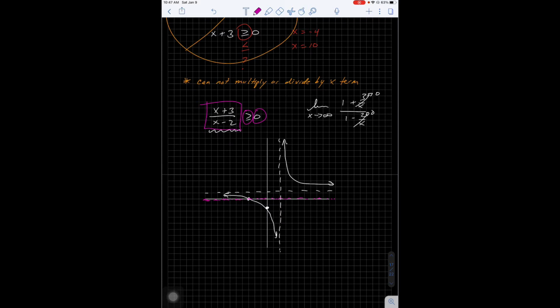So this is going to be bigger, and down here is going to be smaller because these are negative values, these are positive values. So where's that function bigger than 0? Well, it's bigger than 0 right here in this little section, and it's also above the pink line here in this section. And it's below in this section right here.